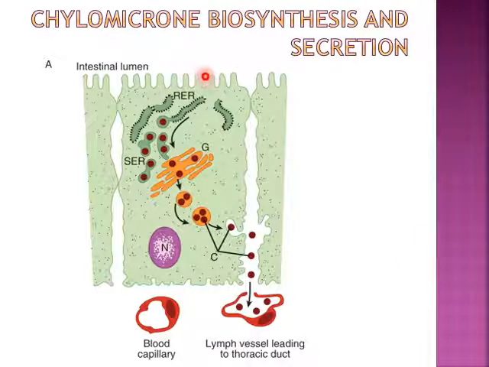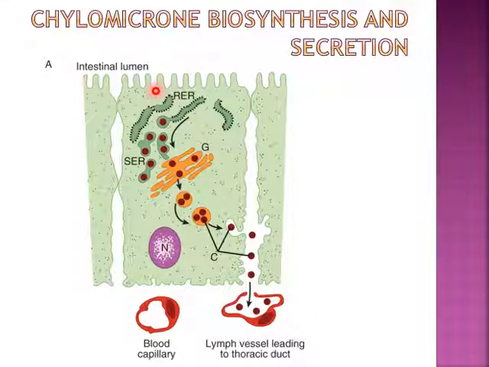Okay, here you can see the intestinal cell, and here the intestinal lumen. So the lipids are absorbed from the intestinal lumen into the intestinal cell, and there they should be packaged by proteins to make lipoprotein.